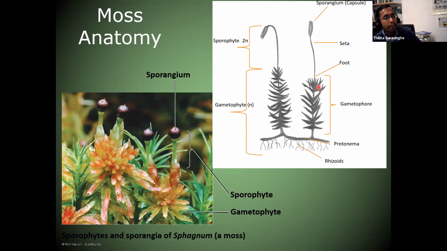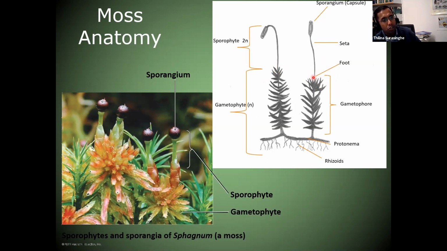For female gametophytes, at the end you have archegonia. In the female plant, the archegonia has an egg, and the sperm produced by antheridia swims into that and fertilizes the egg.